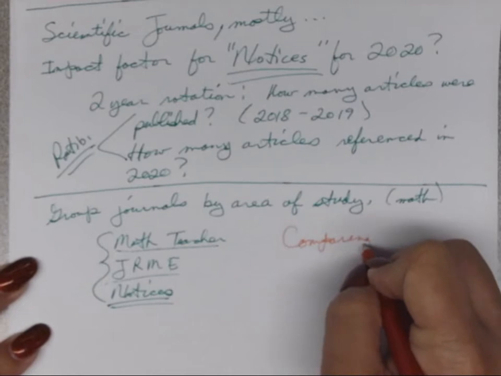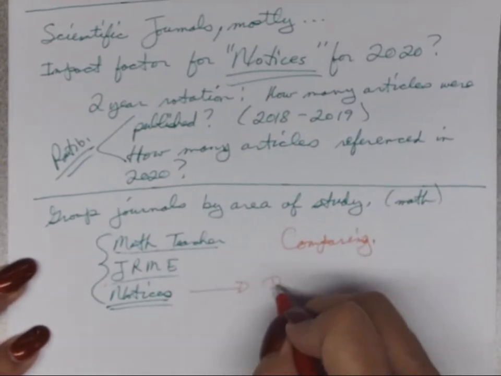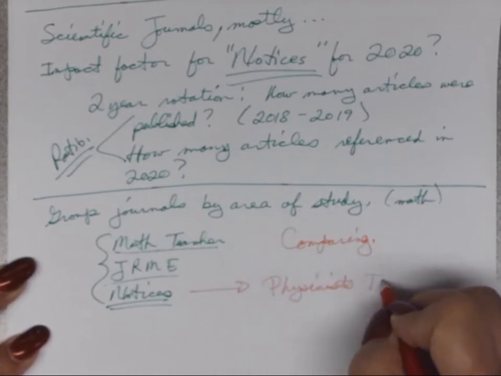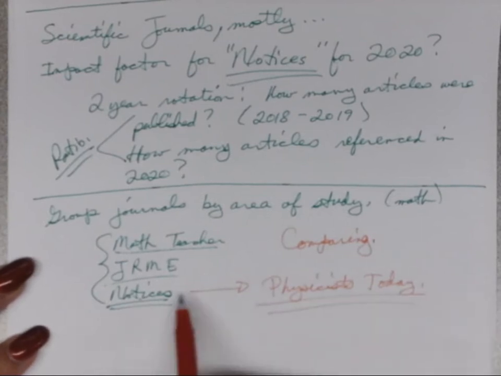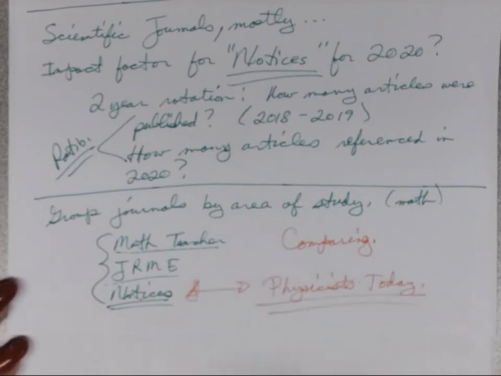It just doesn't make sense if I compare, I don't know if this is even a journal, I'm sorry if it's not, if I compare the Notices' impact factor with Physics Today, that probably doesn't make a lot of sense because they're probably different categories.